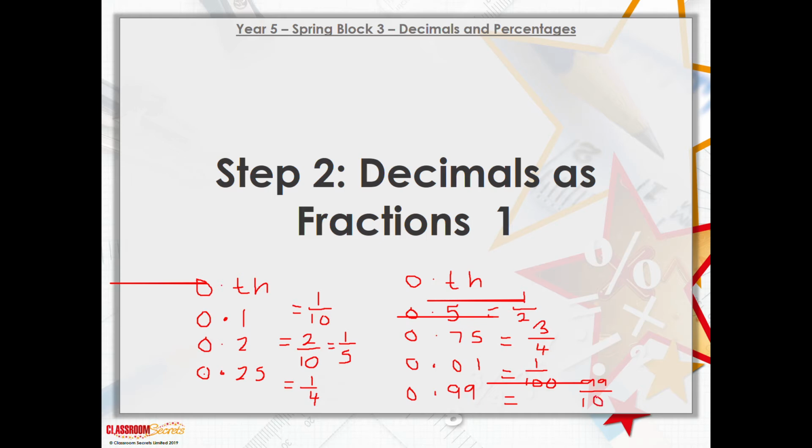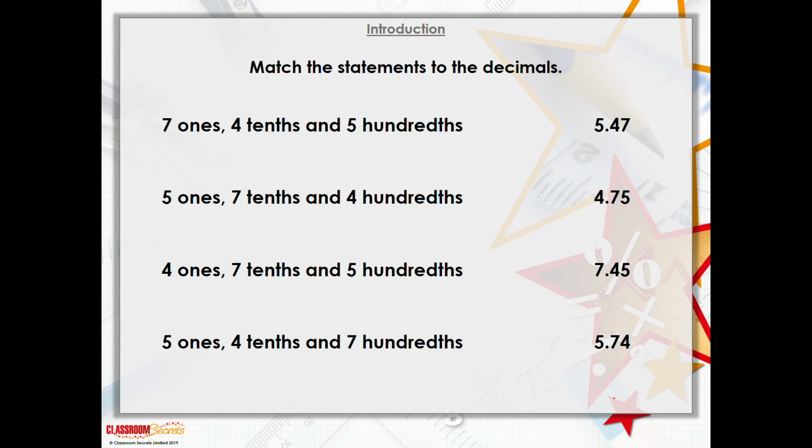Right, let's have a look at our introduction task. It says here, match the statements to the decimals. So we have 7 ones. Hopefully you'll be able to do this quicker than me. We have 4/10, and we have 5/100. So that is 7.45. Next one, 5 ones, 7/10, 4/100.